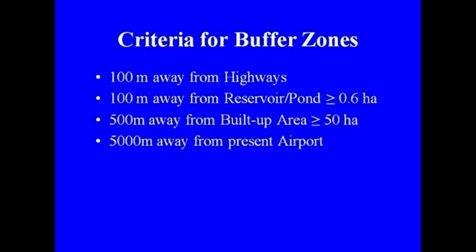These criteria have been provided by the Lao DPR government, and the buffer zones which have been taken are that it should be 100 meters from the highway, 100 meters from reservoirs and ponds which have an area greater than 0.6 hectare, 500 meters away from built up areas whose area coverage is greater than 50 hectares, and 5,000 meters away from the present airport.